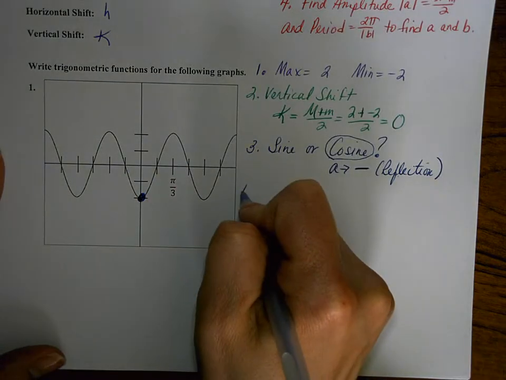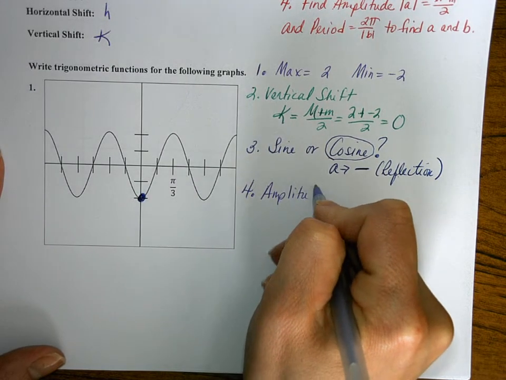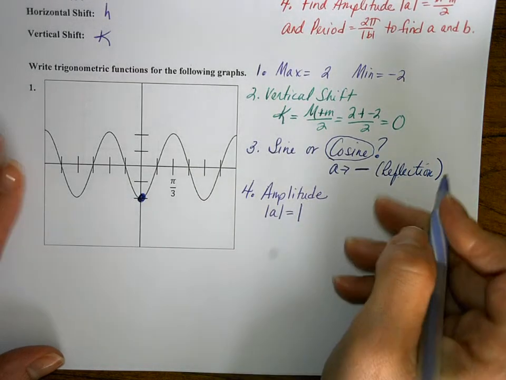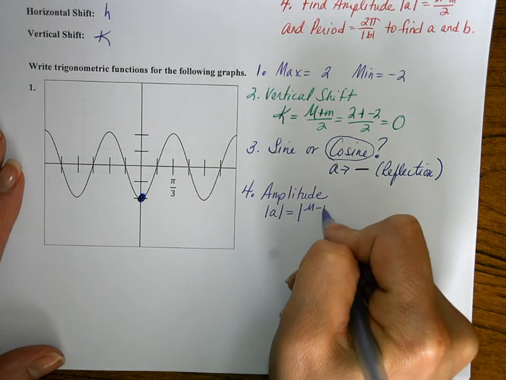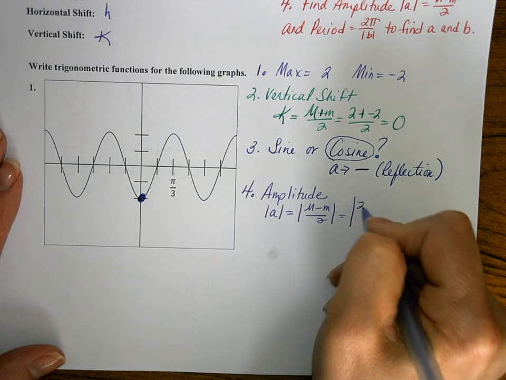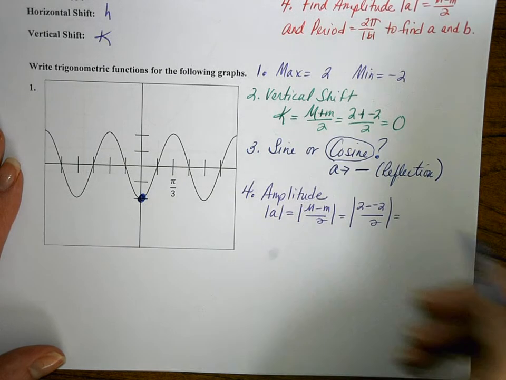Okay, and my fourth piece, I need to first work to find my amplitude. The amplitude, the absolute value of A, is the absolute value of the maximum minus the minimum divided by 2. So the absolute value of my maximum of 2, subtract my minimum of negative 2, divided by 2. What is my A going to be?